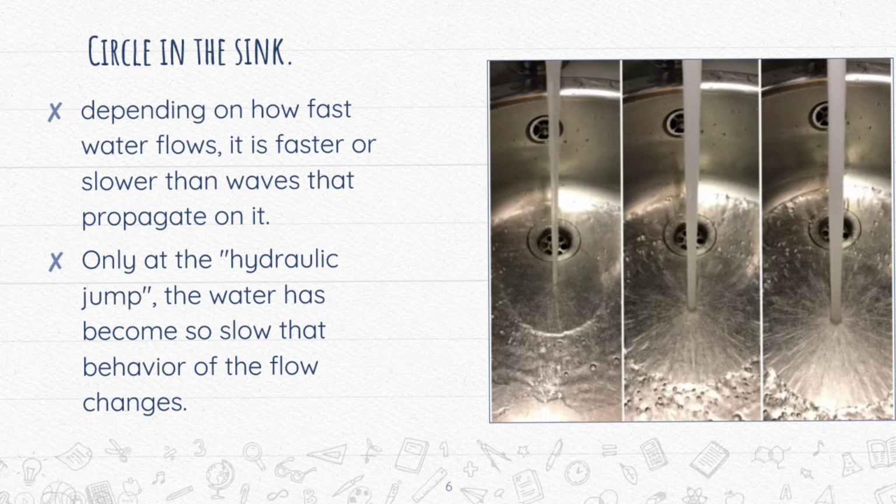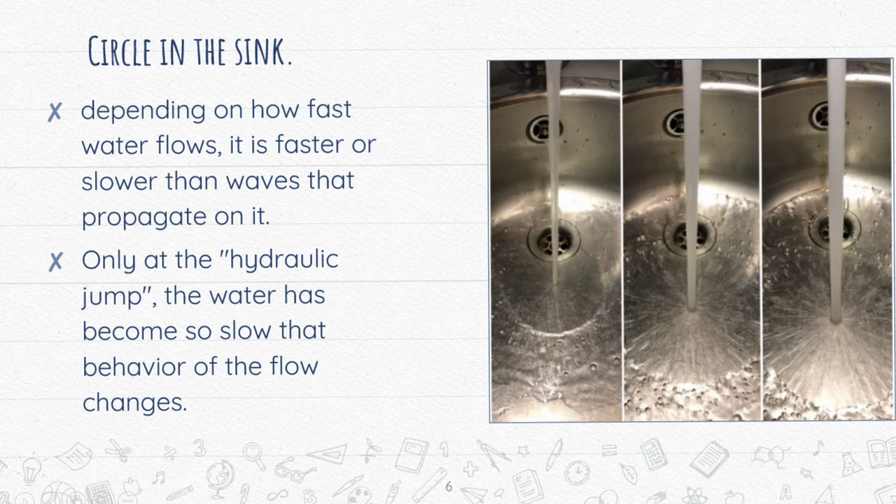We move to how the circle in the sink can exist. The circle in the sink depends on how fast water flows, whether it is faster or slower than the waves that propagate on it. In the circle around the point of impact, the water shoots, so all disturbances or waves are simply washed away and cannot spread.